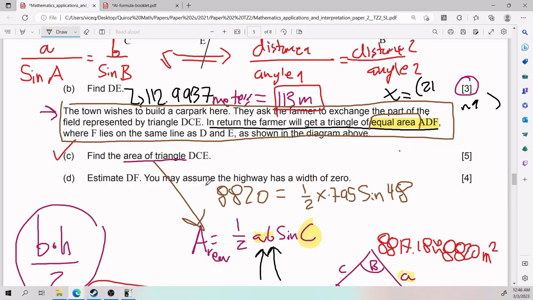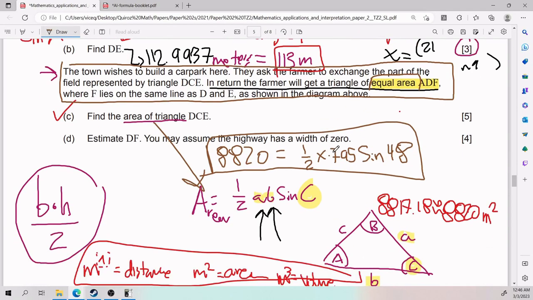So I have this set up, and now I need to get x alone. It's going to look a little bit messy, but technically x is going to be equal to 8820 times 2, so that's this guy being multiplied, divided by 795, that's this guy being divided, and divided again by sine 48.